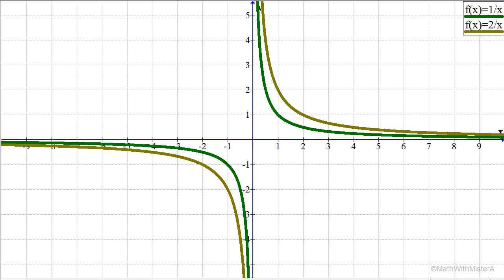So every point is twice as high as it had been before. We're thinking of this as stretching the graph up and down, stretching it away from this x-axis. So the point at negative 2, negative 1/2 has been doubled to negative 1. Every y coordinate doubled because we did it times 2.